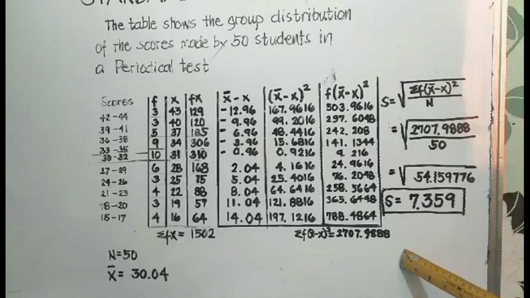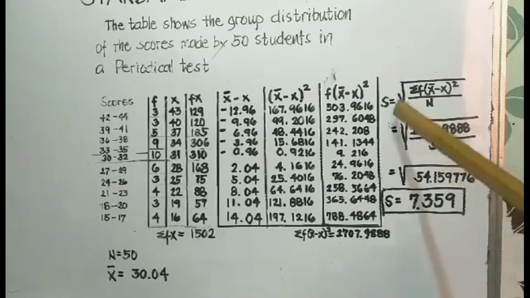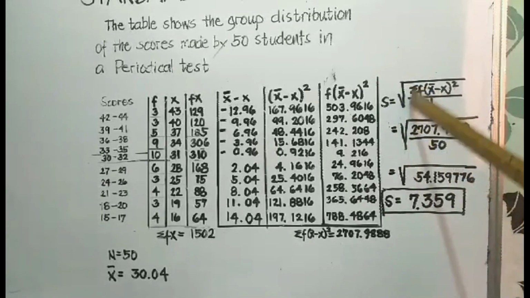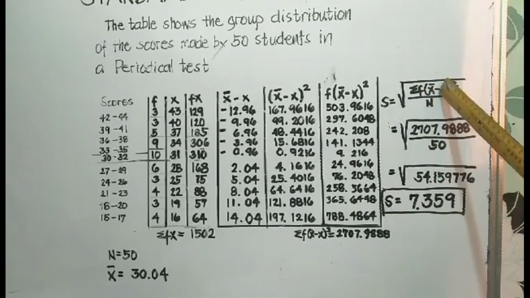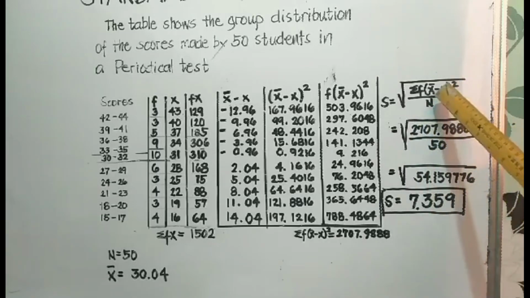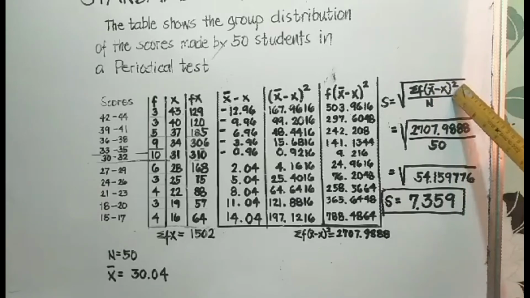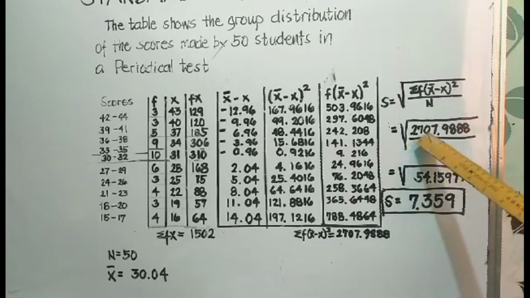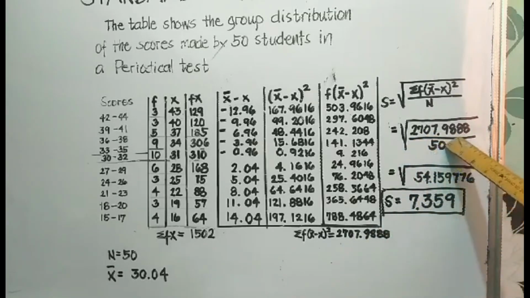Ang formula natin ay S is equal to the square root of the summation of f d squared over n. Yung d natin ay difference of the mean and the midpoint. So, anong nakuha nating summation of the f d squared? 2,707.9888 divided by n.